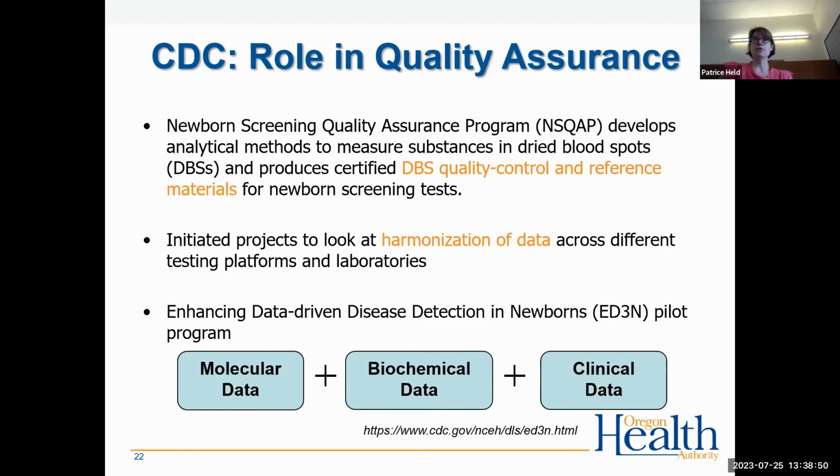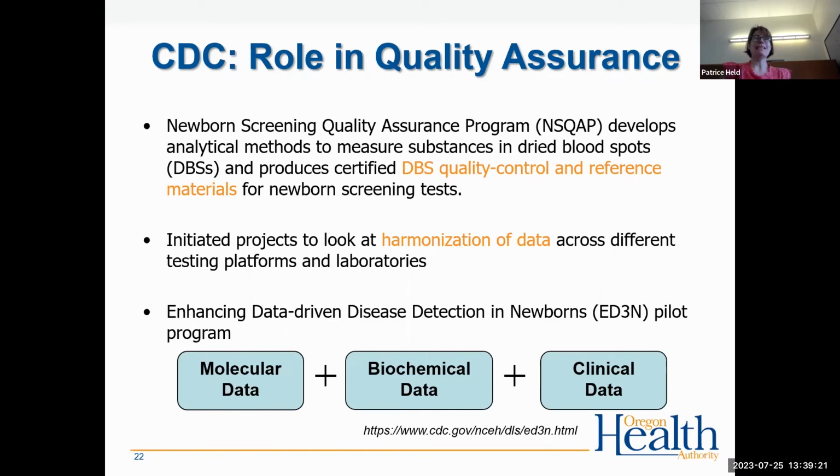They also produce quality control material and reference materials to maintain quality testing. The CDC has initiated programs to look at harmonization of data across different testing platforms and across different laboratories. And this harmonization of data can help laboratories in setting cutoffs for their tests and interpreting results.